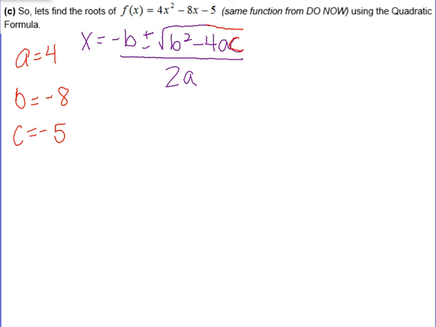So I'm going to plug in my a, b, and c everywhere I see each of those letters in the quadratic formula. Remember, it's very important to put them into parentheses. So here I go.